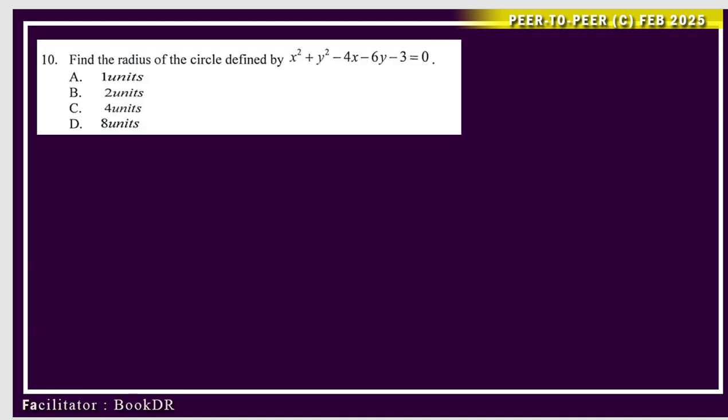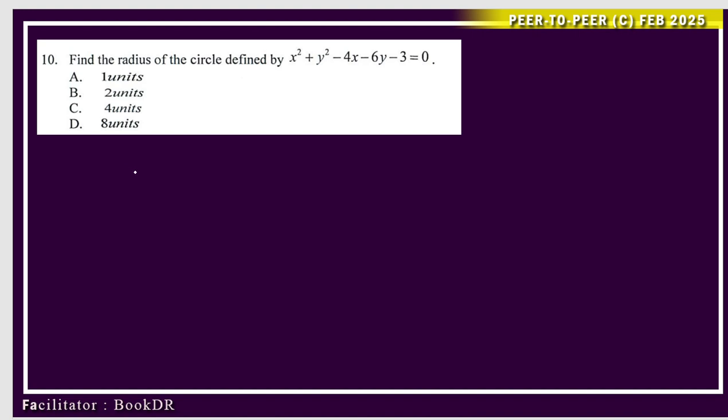Let's move on. We have to find the radius of the circle defined by x squared plus y squared minus 4x minus 6y minus 3. We compare this to the standard form of the equation of the circle.